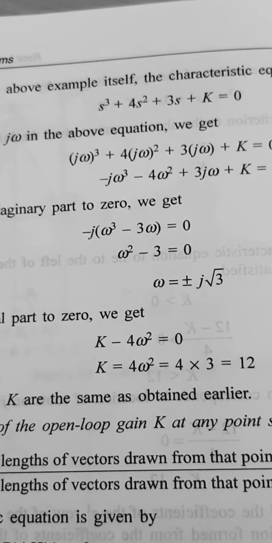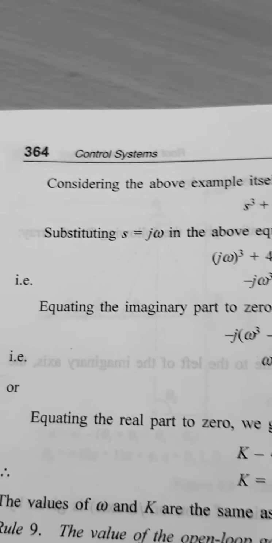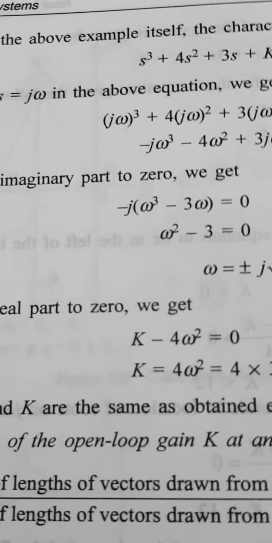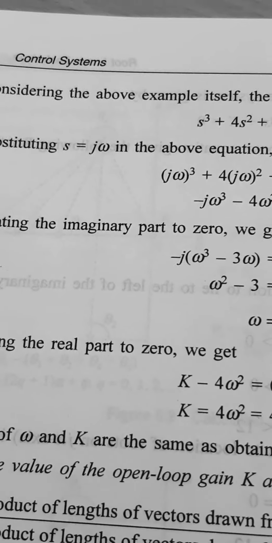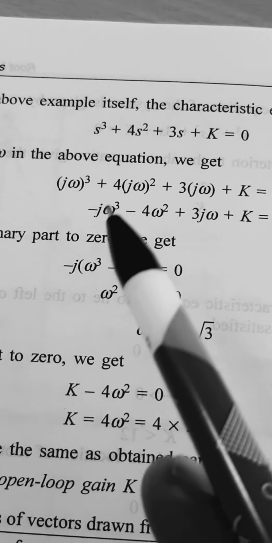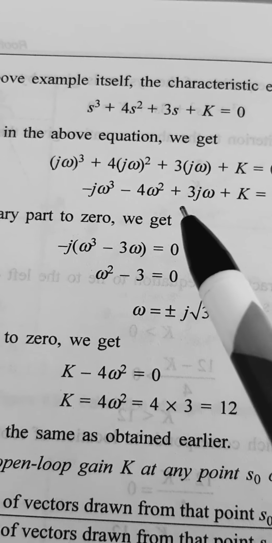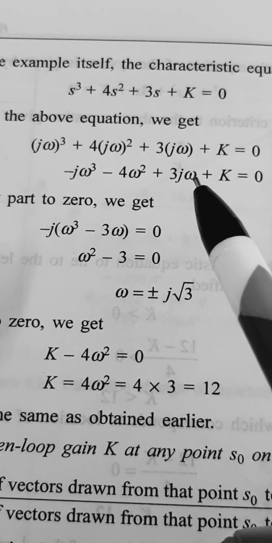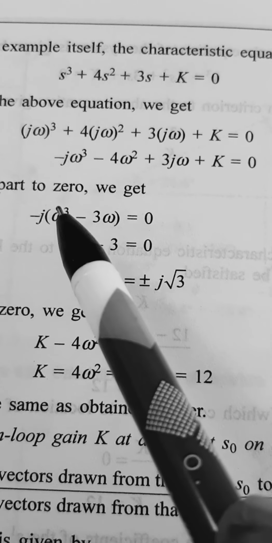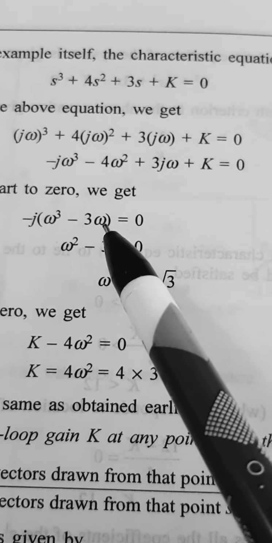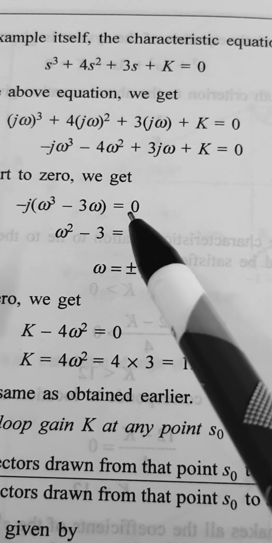Now equating the imaginary parts to 0, that means here there are two imaginary terms, minus j omega cube plus 3j omega. If you take minus j outside, omega cube minus 3 omega is equal to 0.